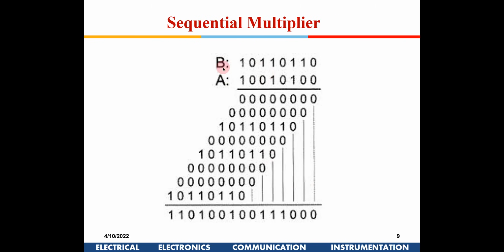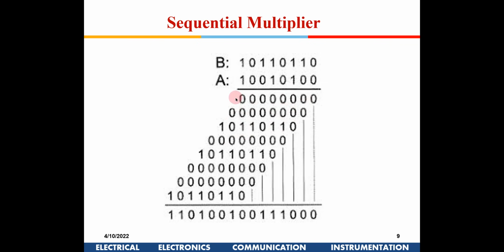Now you can also have a sequential multiplier. A sequential multiplier is nothing but a clocked, register based multiplier. If you understand the multiplication, what is done here is if the bit is a 0, we write zeros. If it is a 1, we write this entire thing out here as it is, and we keep shifting it.